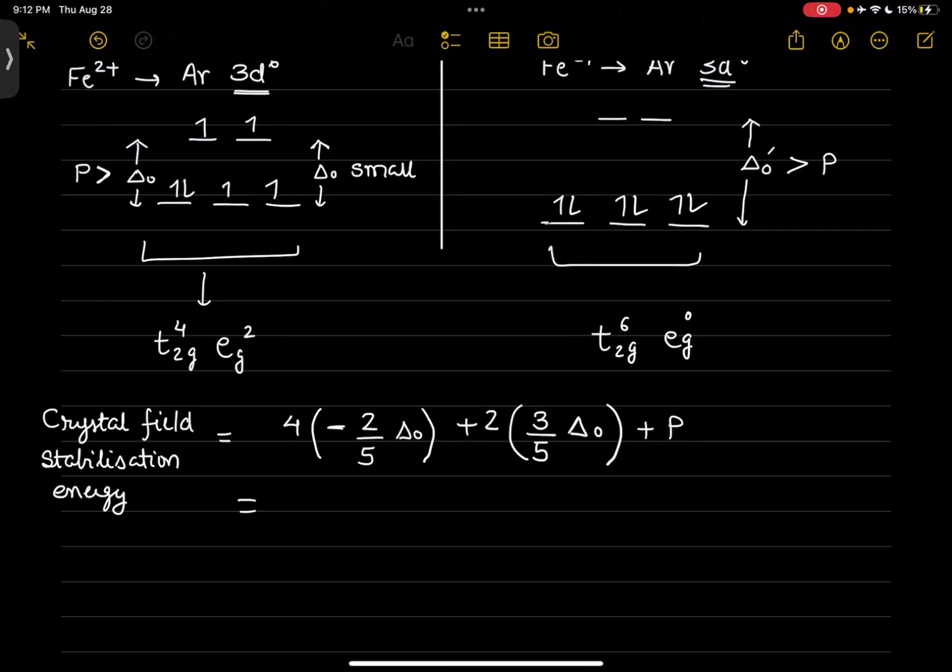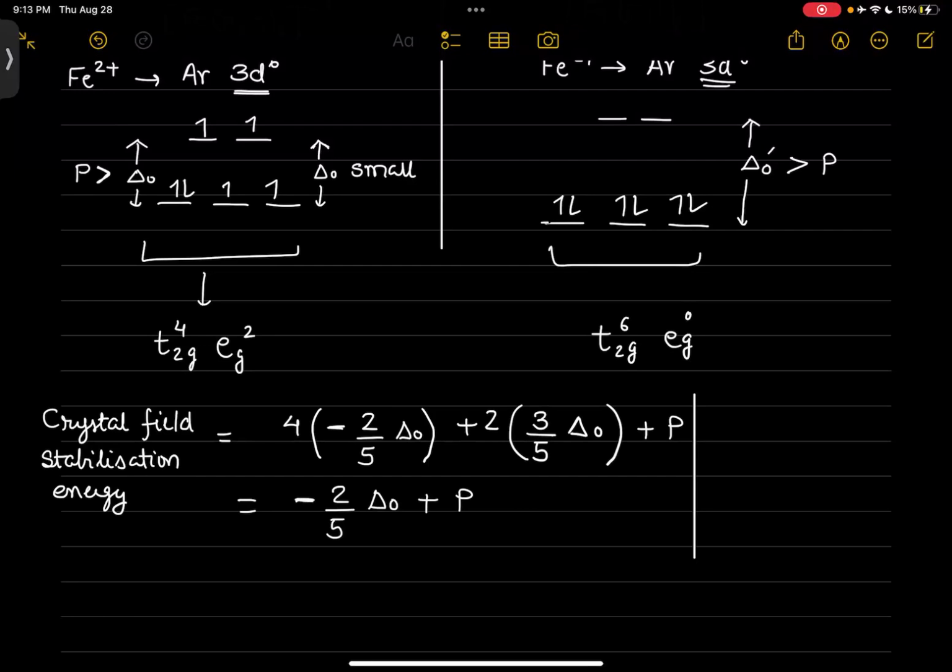So minus 8 plus 6, minus. Actually this pairing energy is caused by the repulsion of the electrons. So this minus sign indicates the lowering of energy.